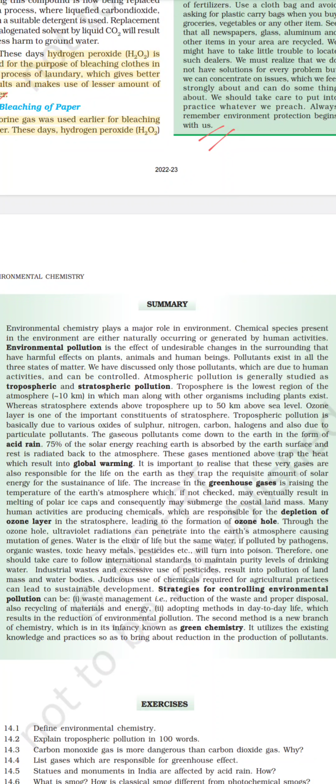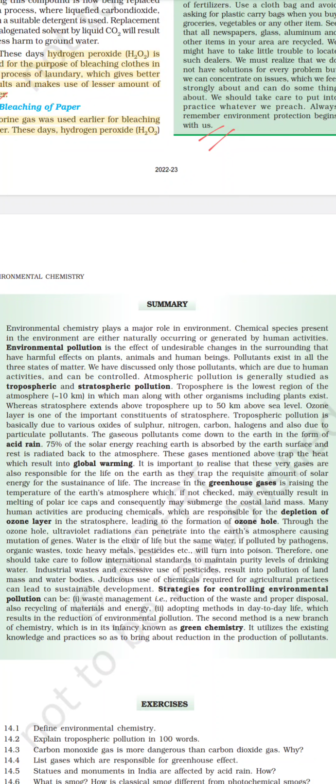Strategies for controlling environmental pollution can be: first, waste management, either reduction of the waste and proper disposal, also recycling of materials and energy. Second, adopting methods in day-to-day life which result in the reduction of the environmental pollution.